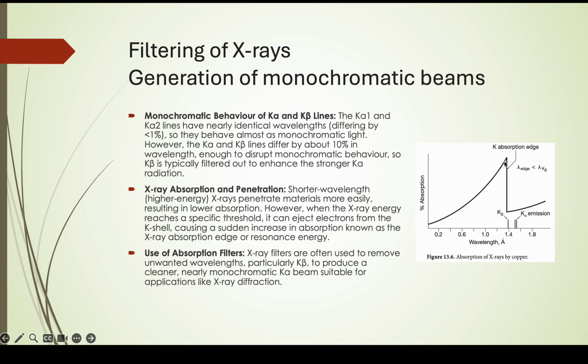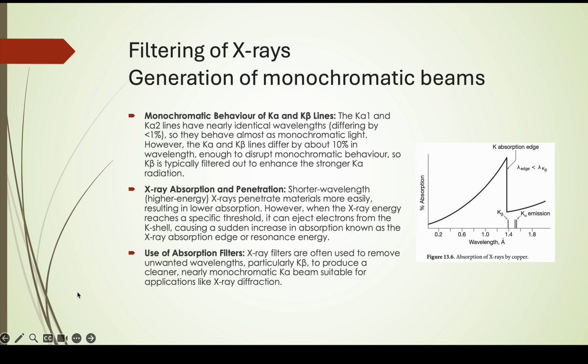After this point, the behavior is similar again: the wavelength decreases, the energy increases, and absorption decreases. This portion is known as the absorption edge, and it's a very important point that will help us in filtering. How it helps, we will see.